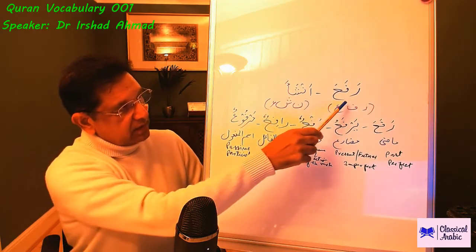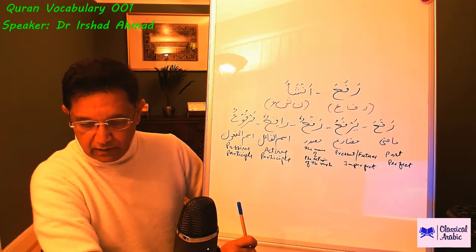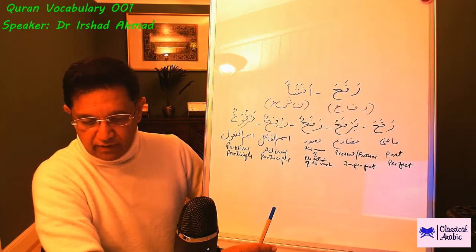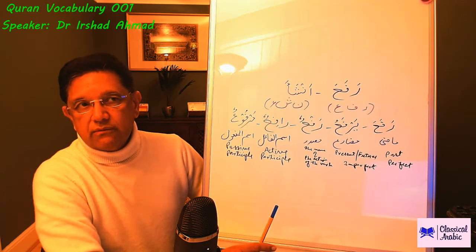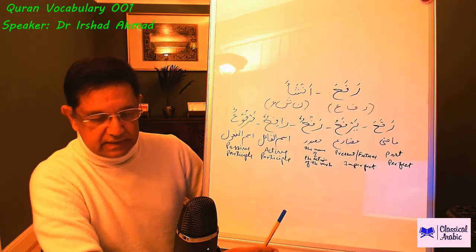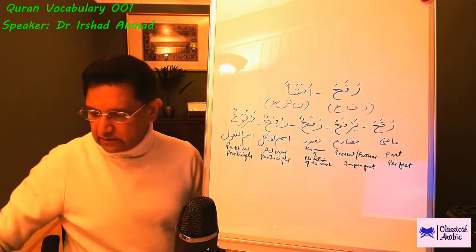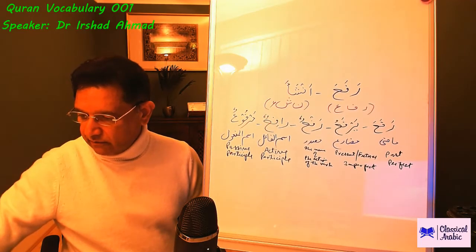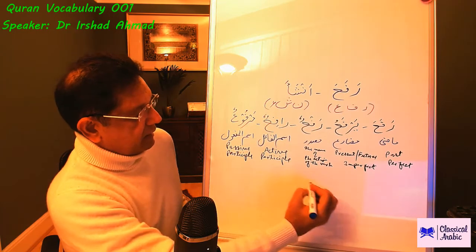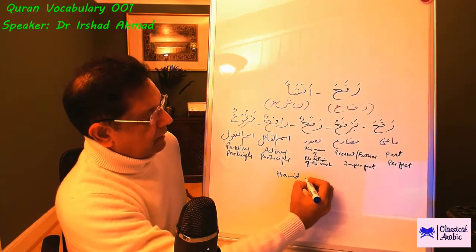And both these are verbs. This is a verb and this is also a verb. Although we have not really studied verbs so far, we used a verb right at the beginning of our Arabic lessons when we said Hamid helped Zaid. The verb which was used in this sentence was Nasara.